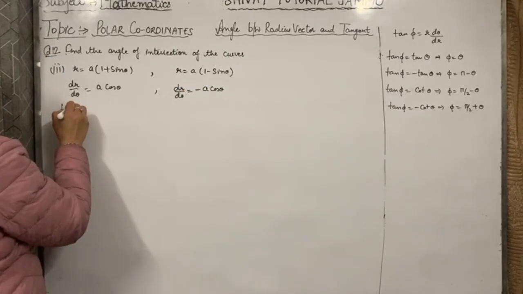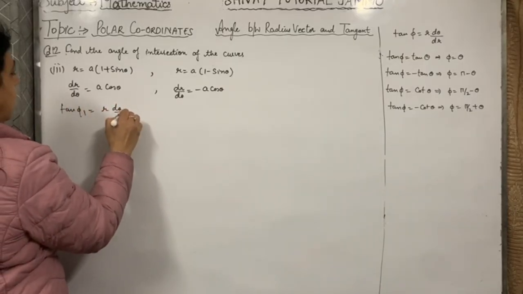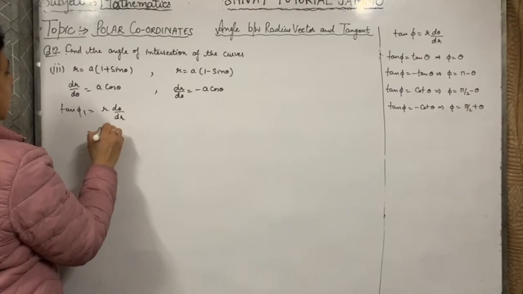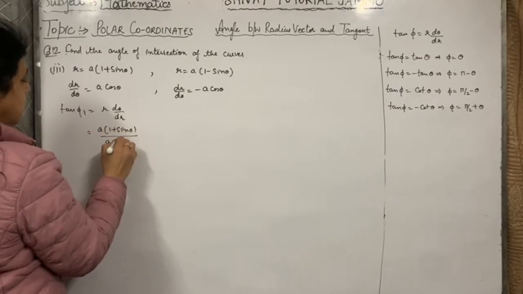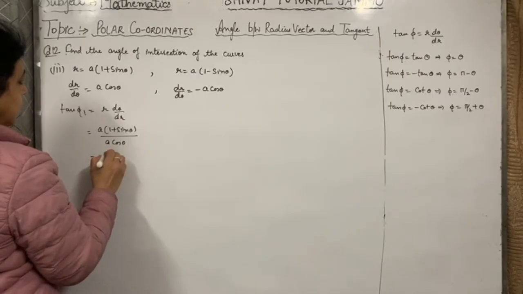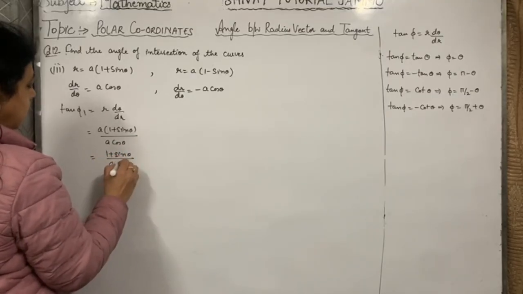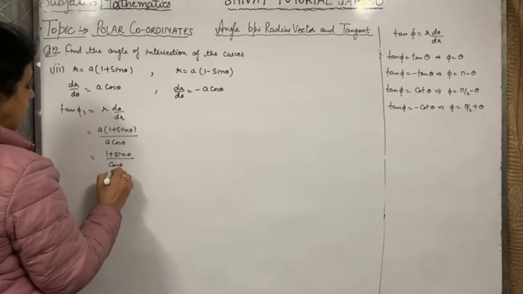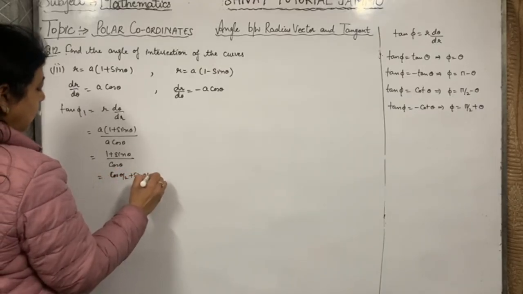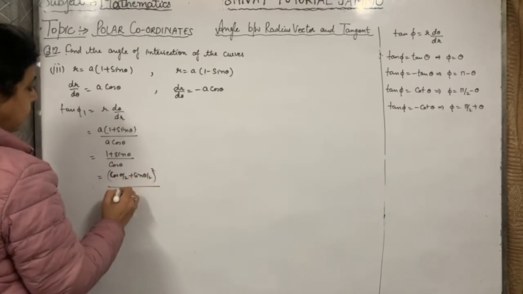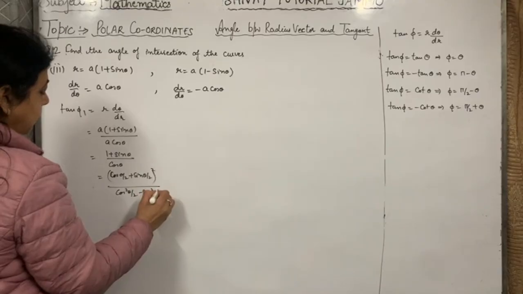Then tan phi 1 is r d theta by dr. r is a(1 + sin theta) upon a cos theta. We can write it as (1 + sin theta) upon cos theta. 1 plus sin theta is (cos theta/2 + sin theta/2) whole square, and cos theta is cos square theta/2 minus sin square theta/2.